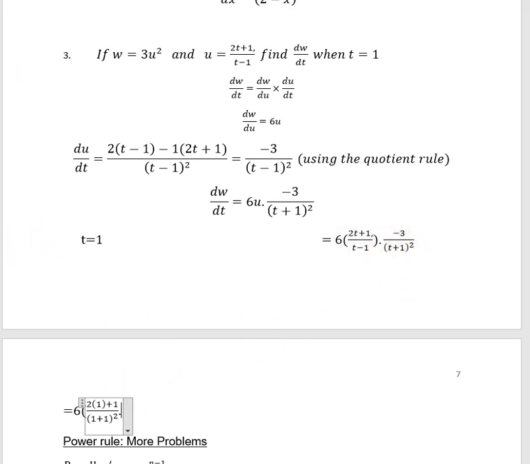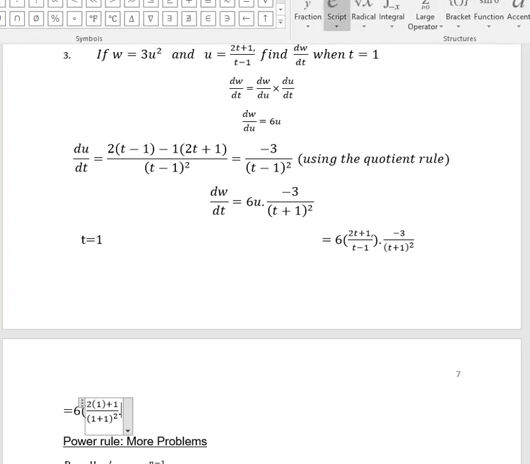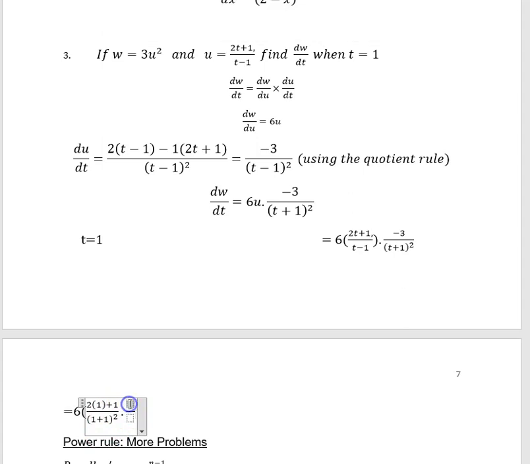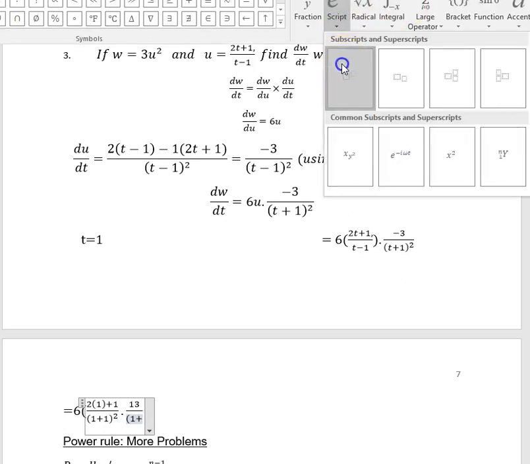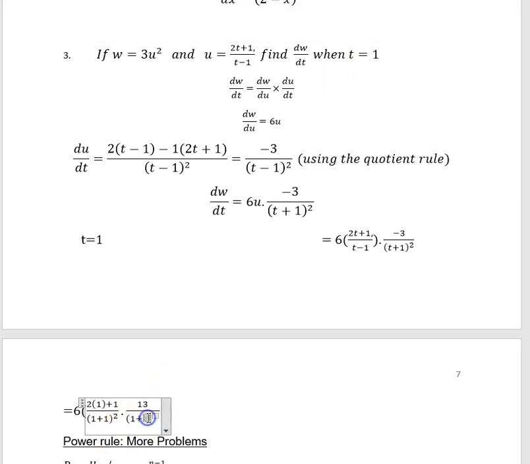So if I put another fraction there, I'm going to have minus 3 over 1 minus 1, to the power of 2.